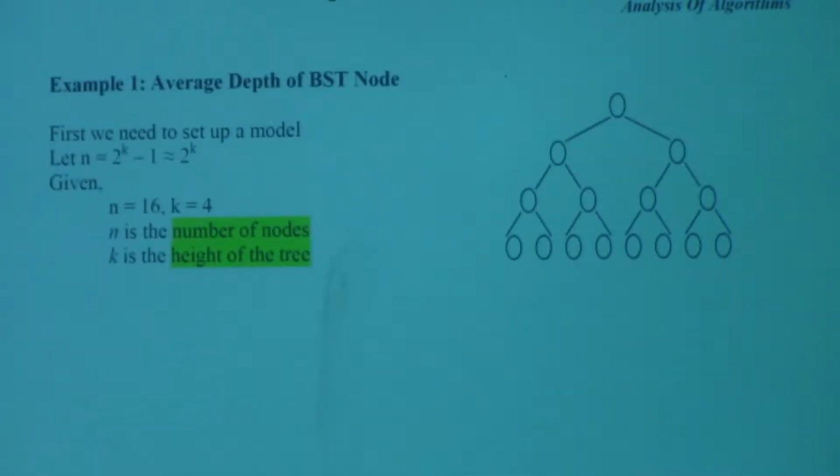Well, what's going on here is that the number of nodes is doing what at each level? What's going on with the number of nodes? 2 goes to 4, 4 goes to 8, 8 would go to 16. So what's happening with the number of nodes? It is doubling.